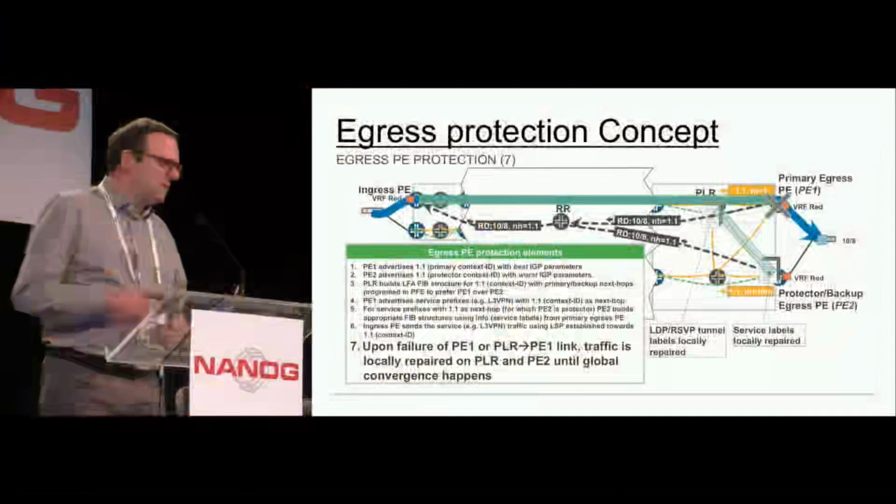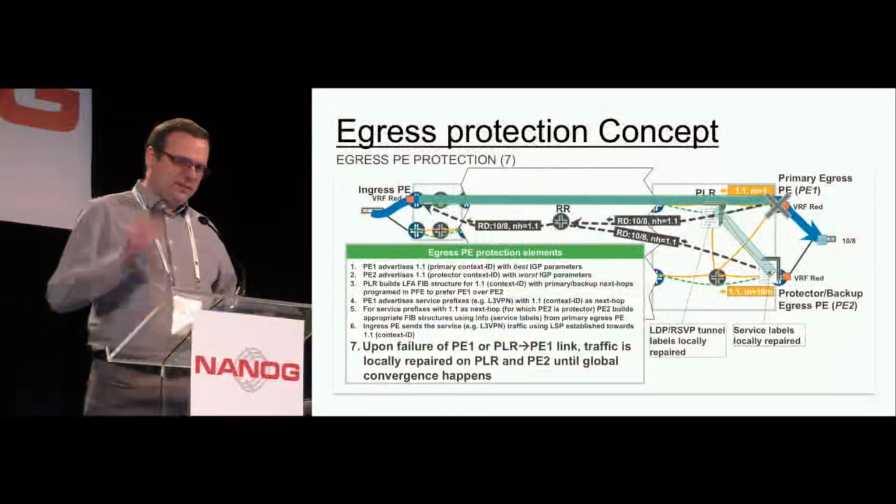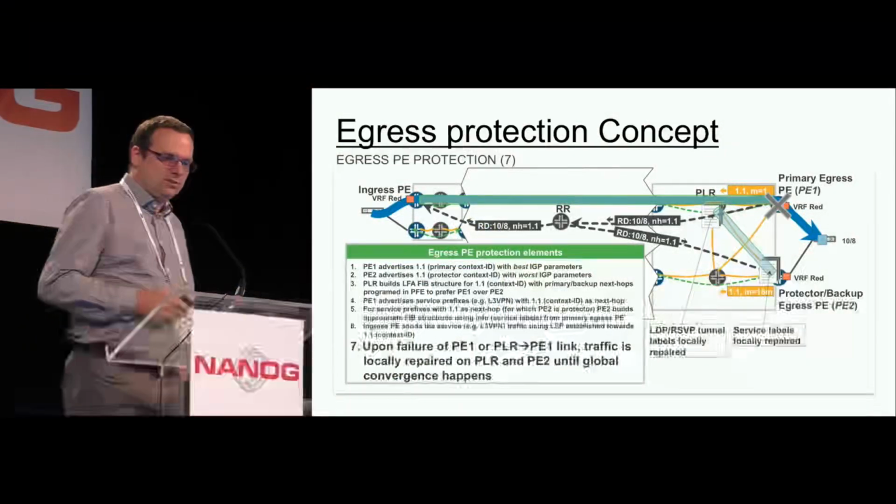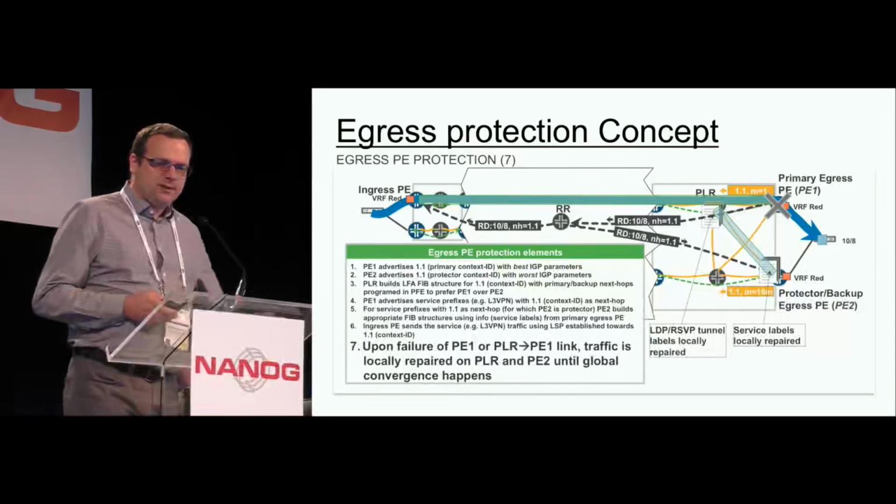Yeah, when the link on the line card fails. But for the entire node, for example when the node fails, the whole PE1 goes down. Exactly, then you're right. For the link on the line card we could redirect the traffic, but for the entire node, this is not protection, so there is no egress protection.